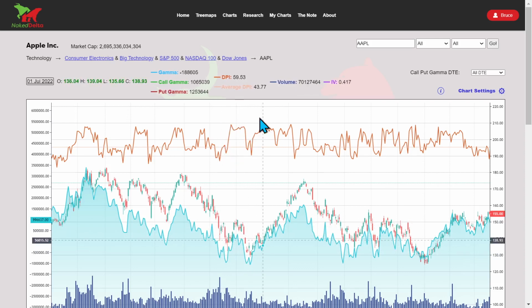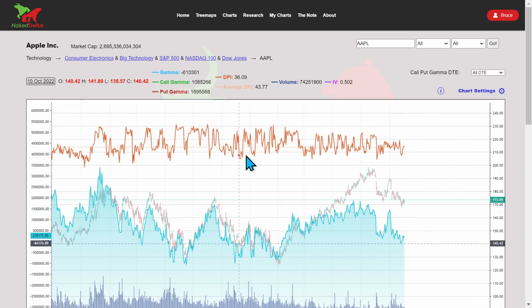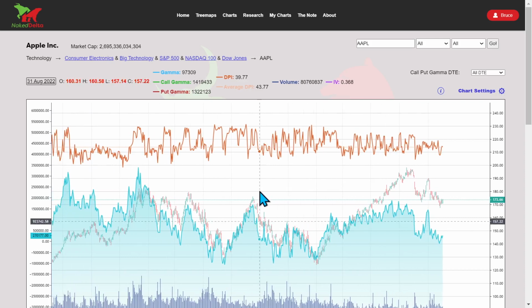So this could be a very, very small volume, but very high in DPI. But then as we can see it going along, because these positions are held constantly for the majority of the time, it's just jumping up and down with the gamma, the hedging requirement that's needed, and staying pretty flat, just going up slightly. And it's an interesting share.